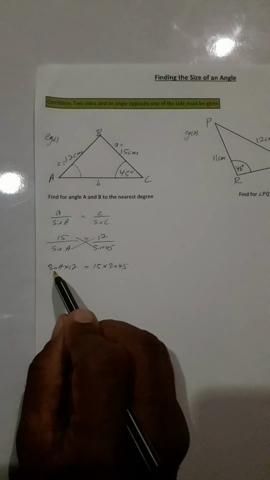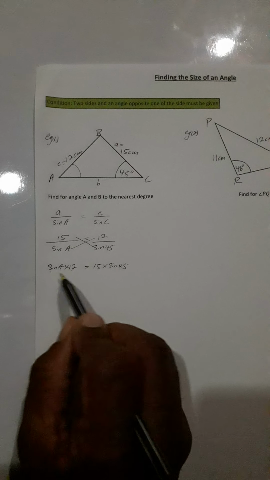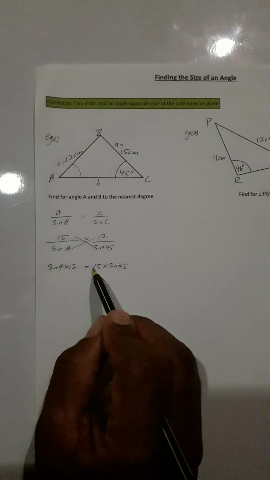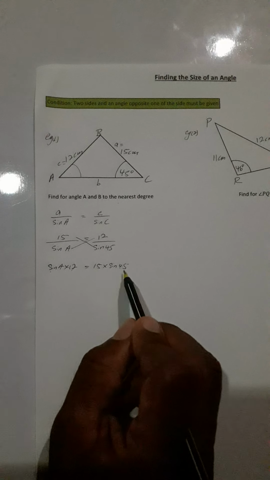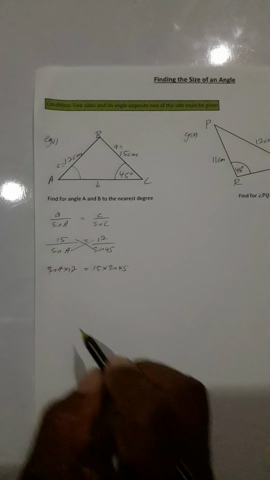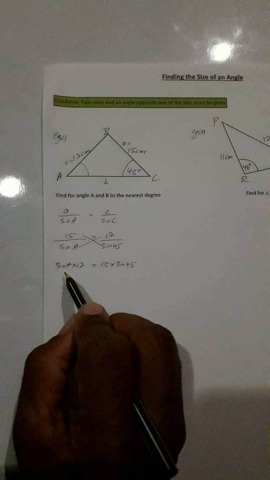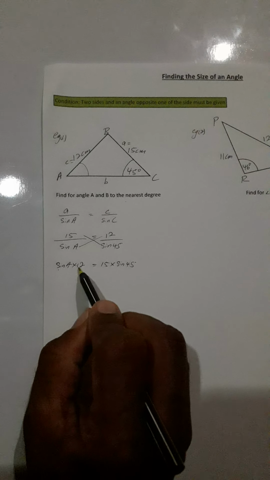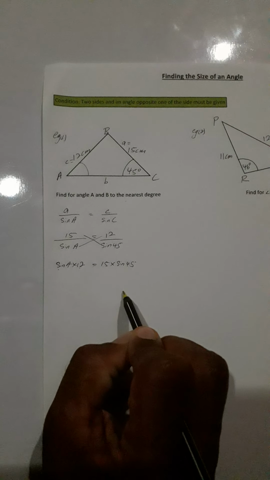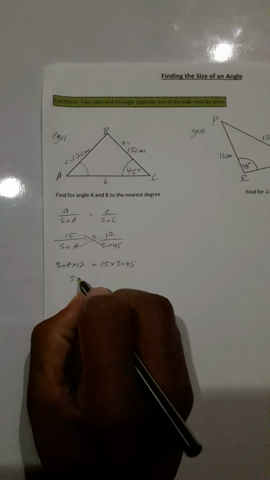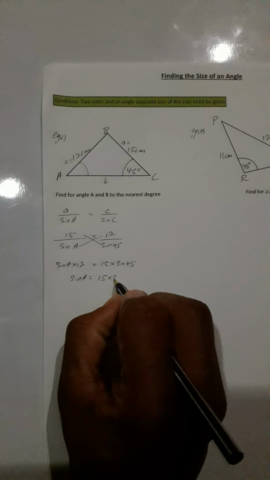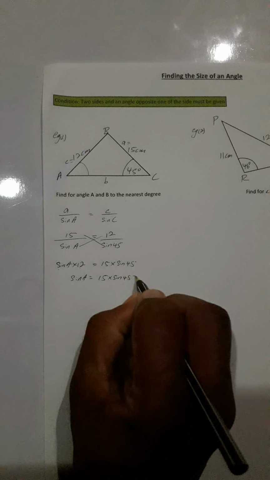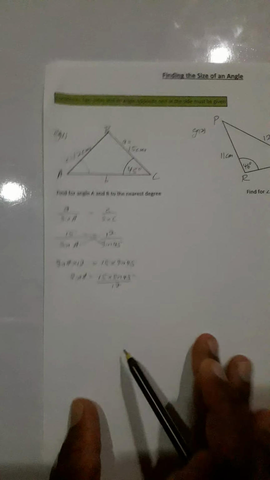You can write sine A times 12 or 12 times sine A, and again sine 45 times 15 or 15 times sine 45. Good. So what I need to find is sine A, so I'll take the 12 across. It will divide. So therefore sine A equals 15 times sine 45 over 12.